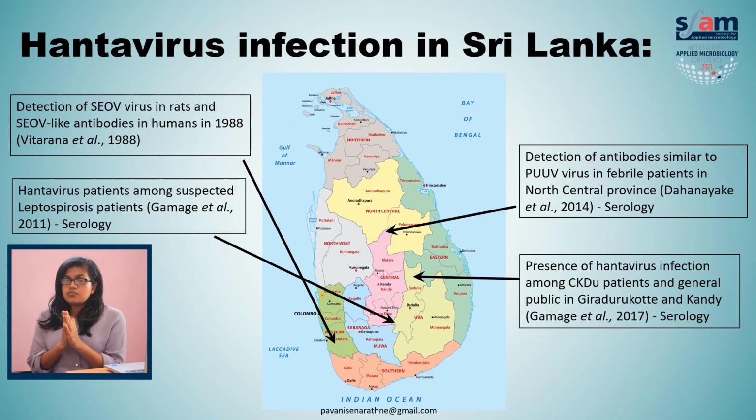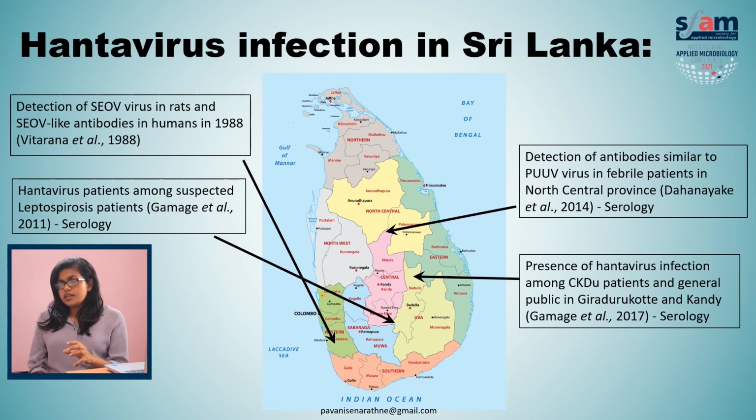And they found some interesting results, that more than 50% of CKDu patients had hantavirus infection. So from these results, we can say that Sri Lanka did not have many studies regarding hantavirus. There are a few studies, but all of them found some evidence of the prevalence of hantavirus infection.